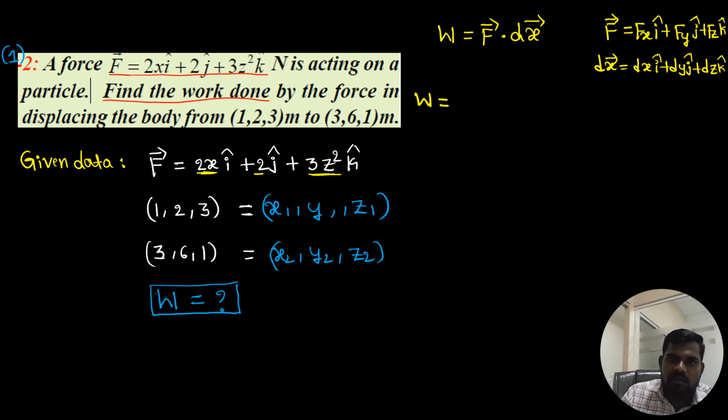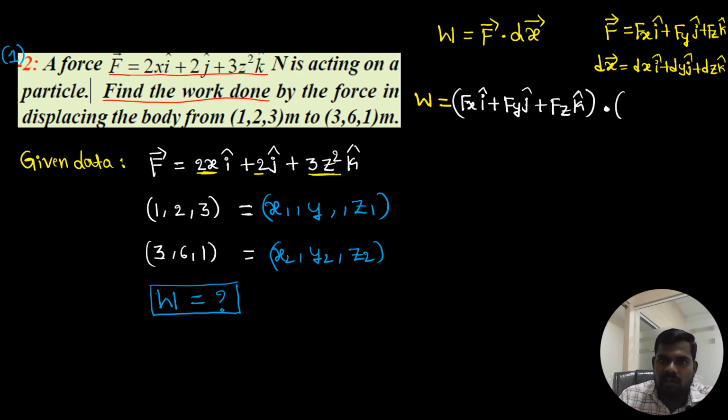Then W is equal to F vector, which is Fx into i cap plus Fy into j cap plus Fz into k cap, dot product with dx vector, dx into i cap plus dy into j cap plus dz into k cap.